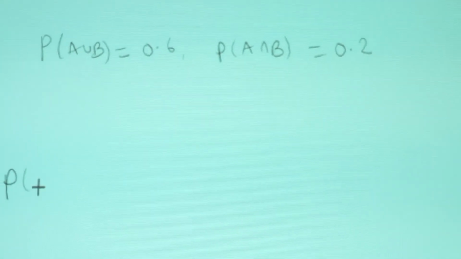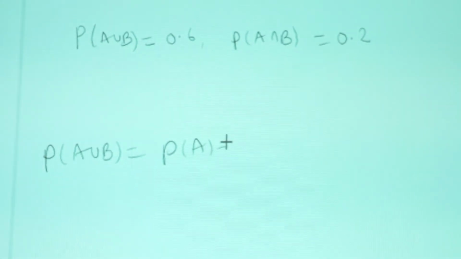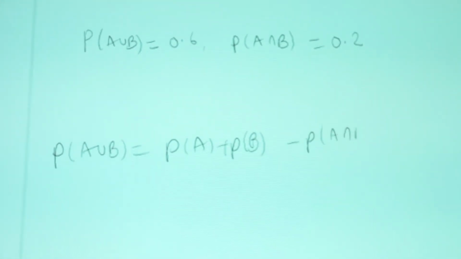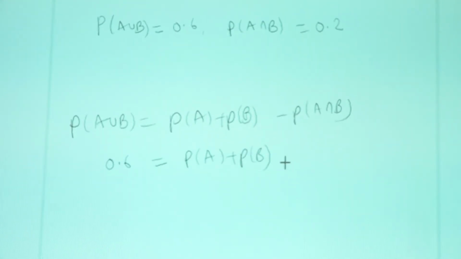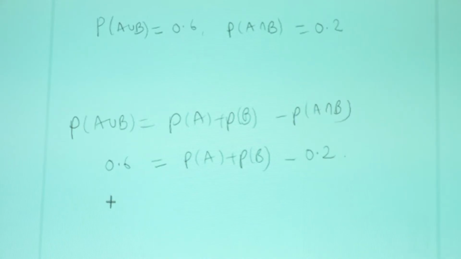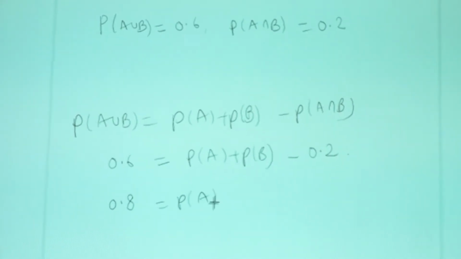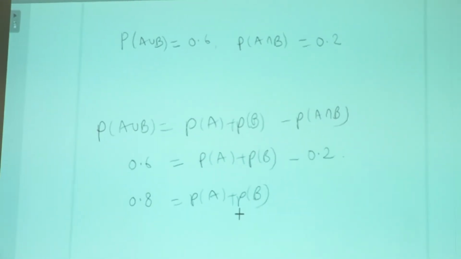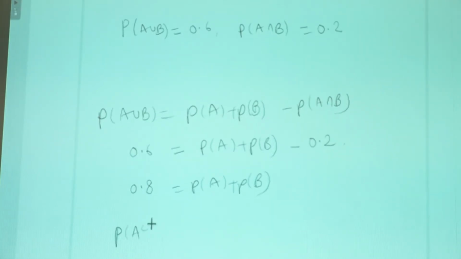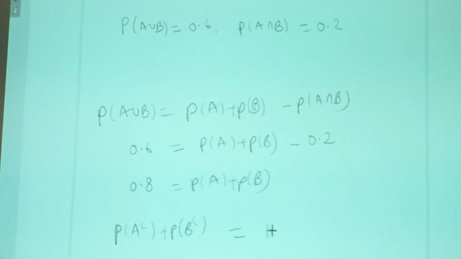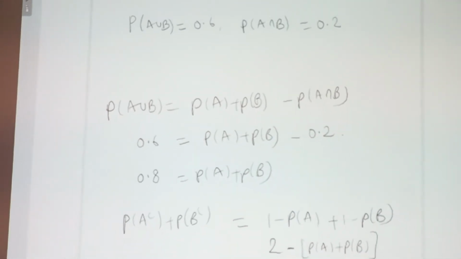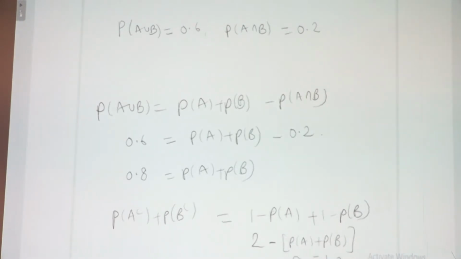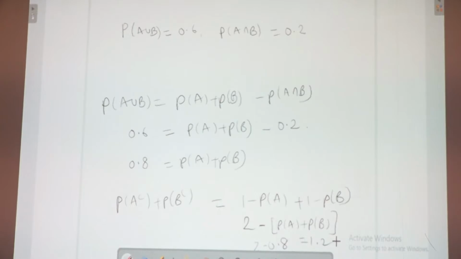So P of A union B is equal to P of A plus P of B minus P of A intersection B. Since P of A union B is 0.6, P of A plus P of B minus 0.2 gives 0.8 as P of A plus P of B. But what I want is P of A complement plus P of B complement, which is 1 minus P of A plus 1 minus P of B. So 2 minus P of A plus P of B. That is 2 minus 0.8, so 1.2. Okay.